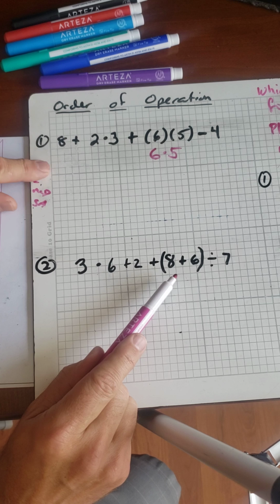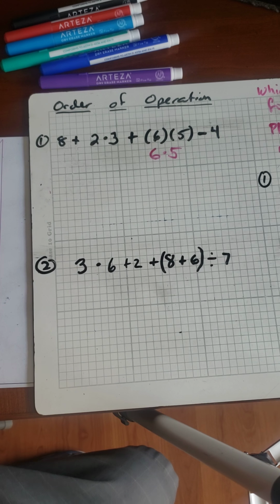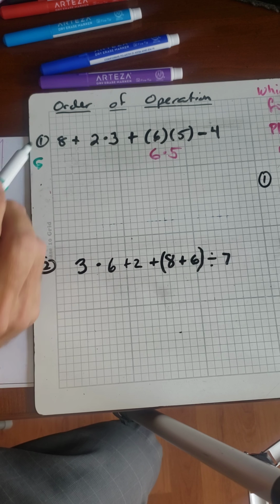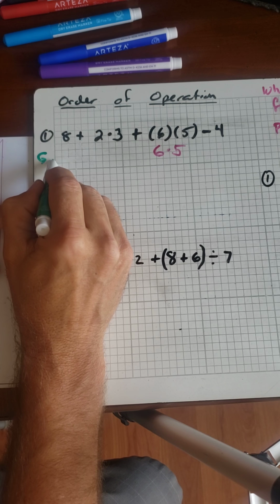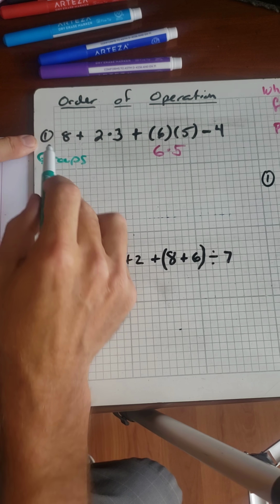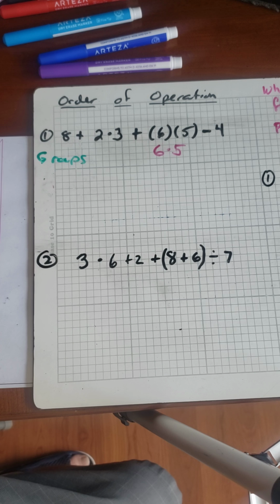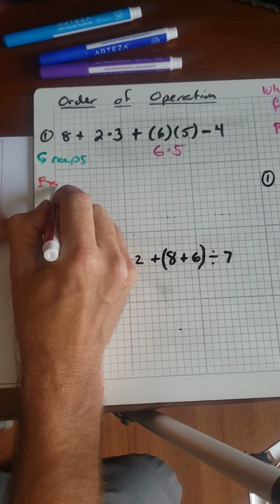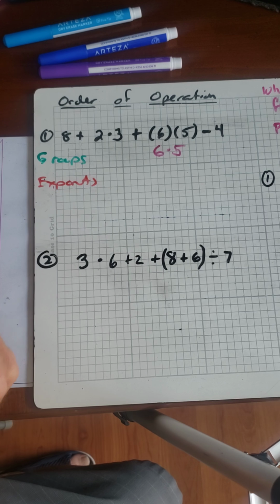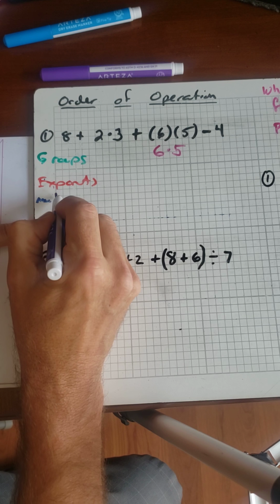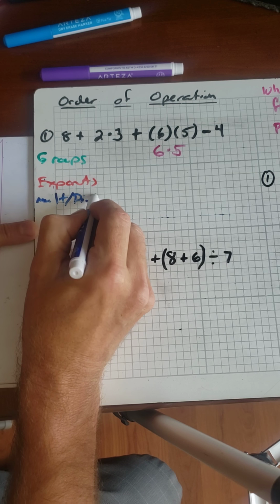So instead of the P is why I like to use G. And G stands for, not for parentheses, but groups. Okay? So groups. Now I'm looking for groups, and I can identify where the groups are. I'll show you where that is in just a second. And then the E stands for exponents. That's the same for all of them. And then the M and the D are multiply and divide.